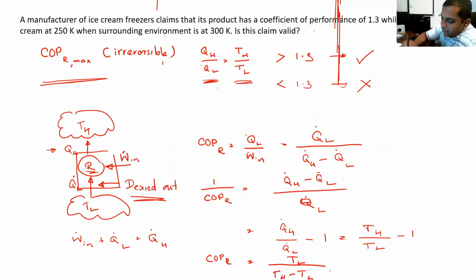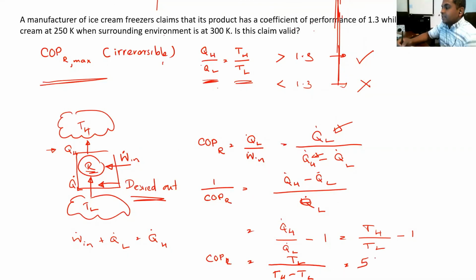So if I substitute QL with TL and QH with TH, I could have gotten this equation.